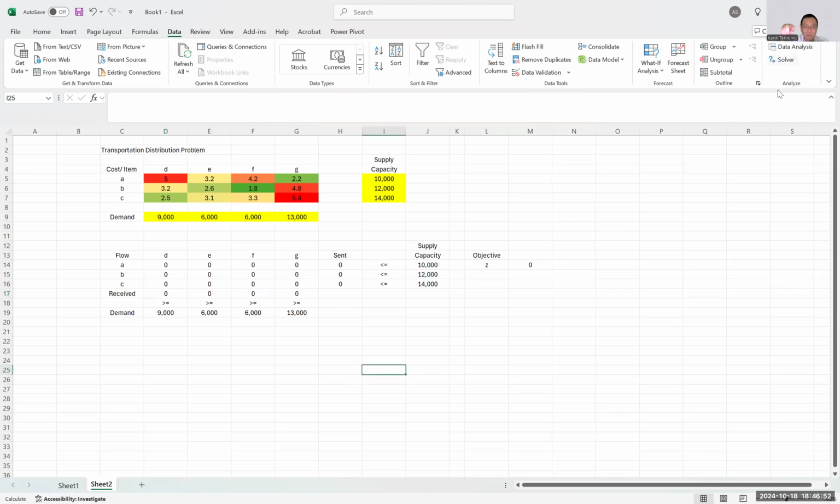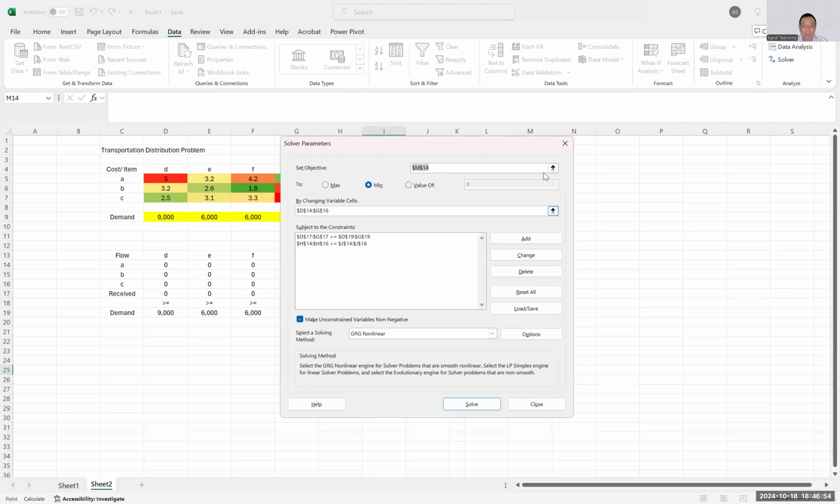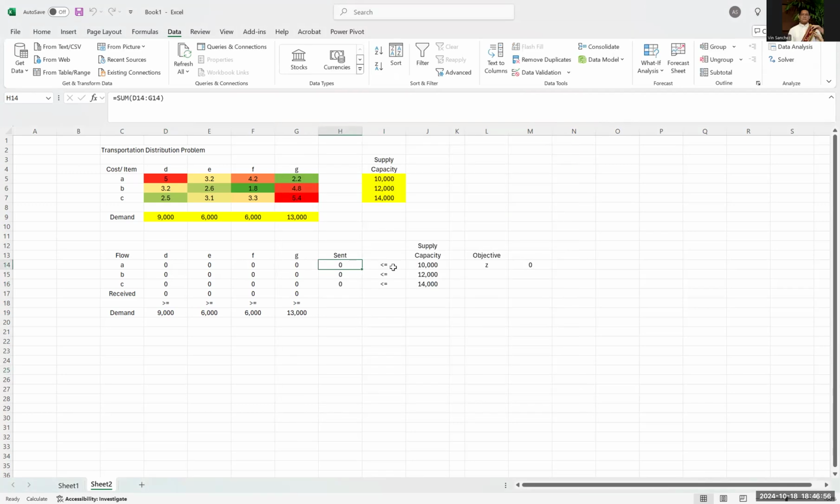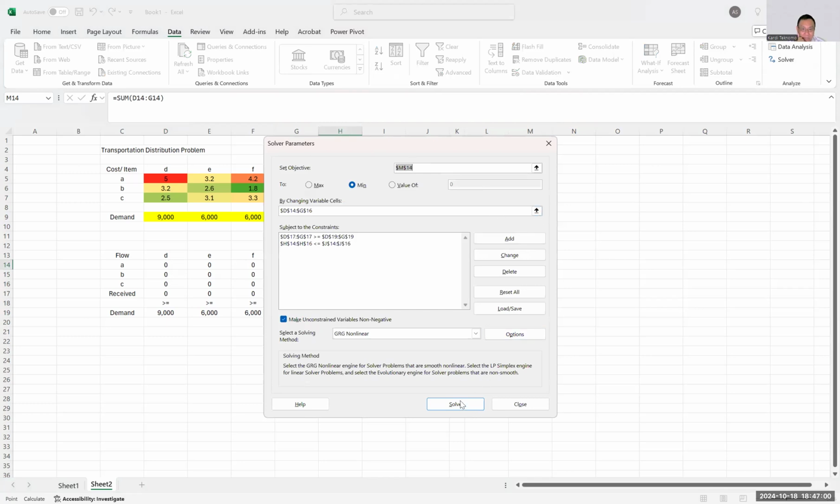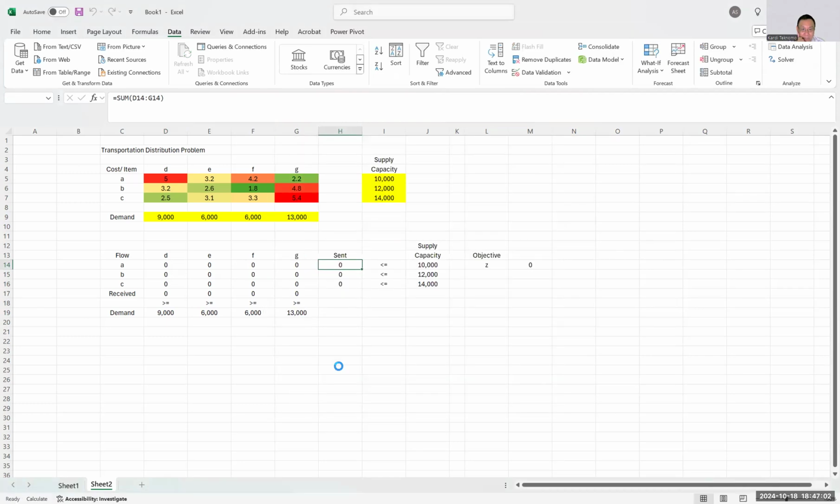And then for the send, you also need to put the sum of the rows. That one is a sum. Okay, that one is correct. Now it's correct. You got it. Very good.